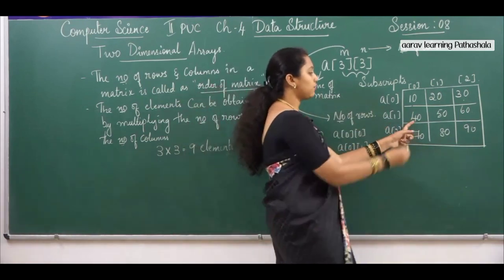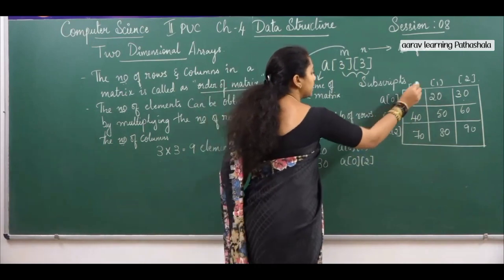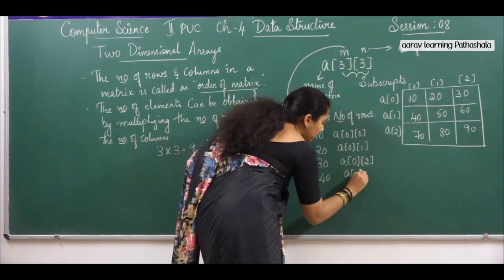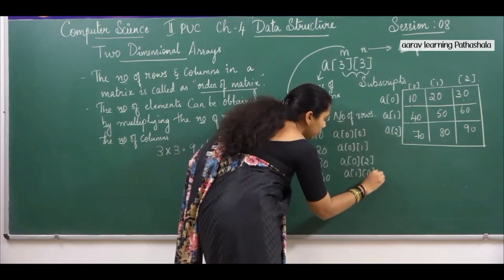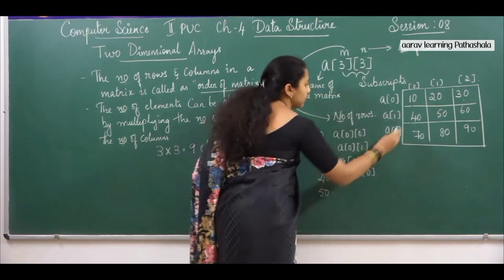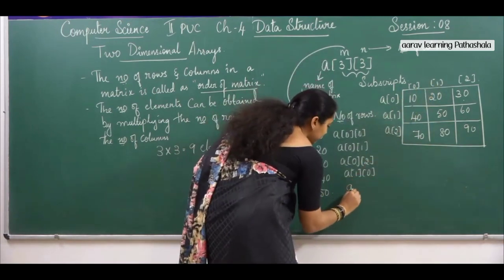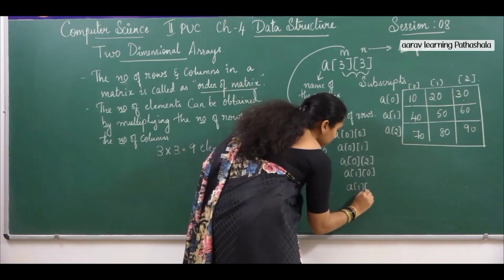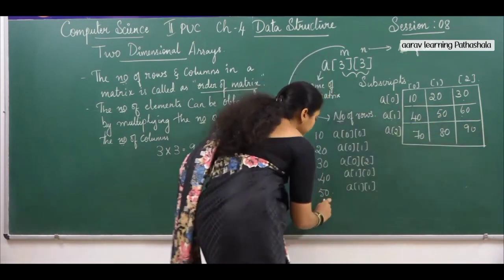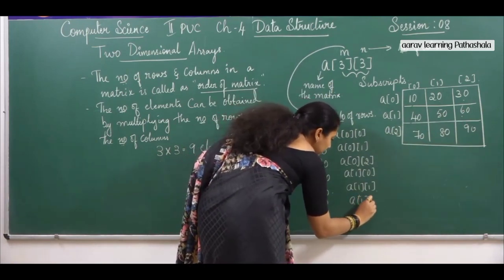What is the position of 40? The position of 40 is A of 1, 0. What about 50? A of 1, 1. What about 60? A of 1, 2.